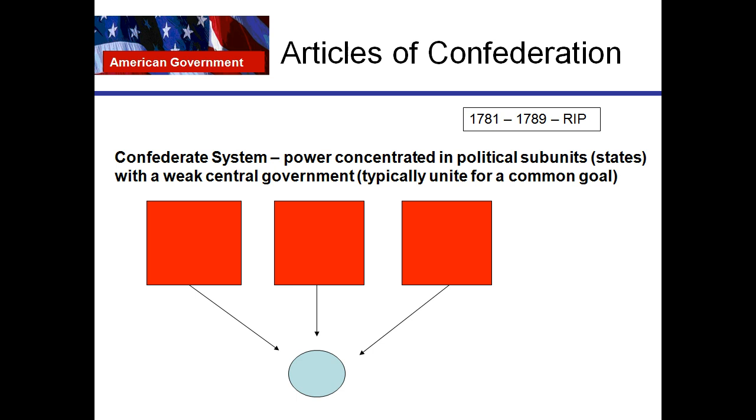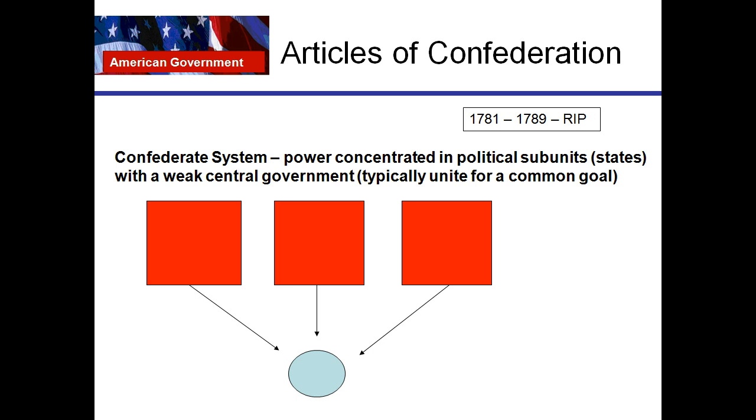Typically, the central government is an institution where these political subunits, these states, unite for a common goal. So the Articles of Confederation was America's first attempt at a government, and the states were very, very powerful, but the federal government was very, very weak.